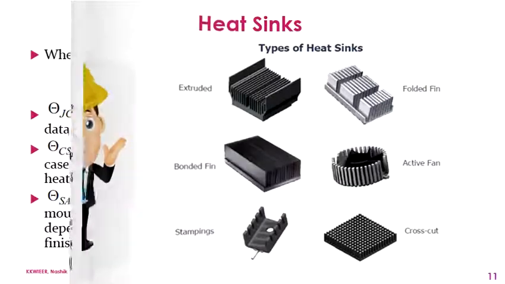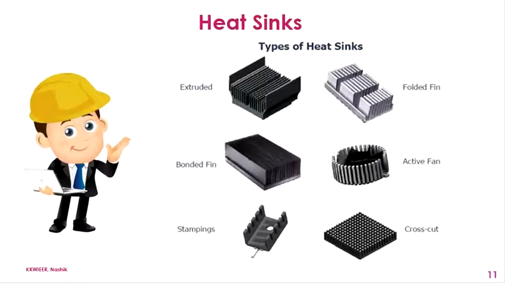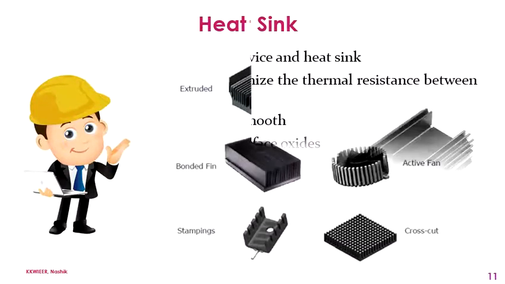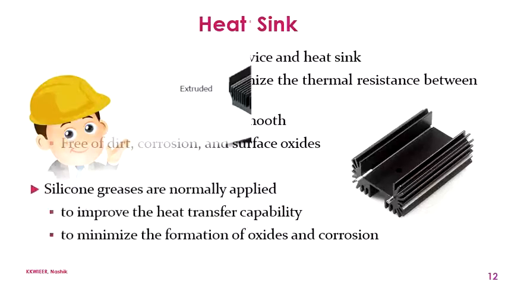Now we will see the different types of heat sinks. So these are various types of heat sinks: cross-cut, active fan, folded fin, stampings, bonded fin and extruded. Apart from this, other types are also available.